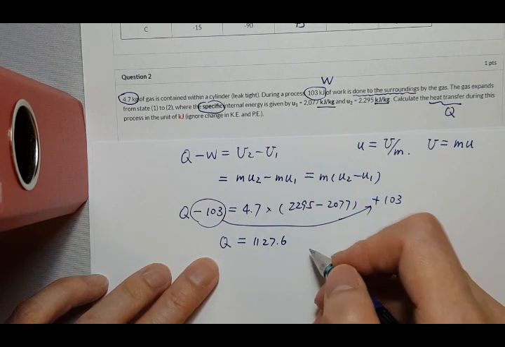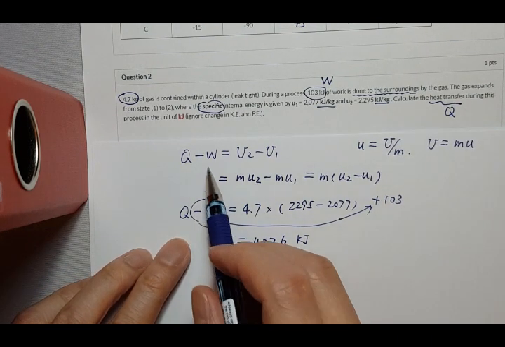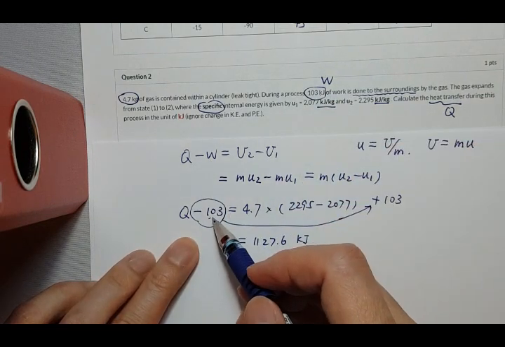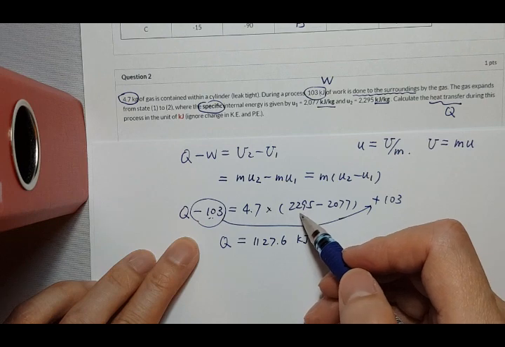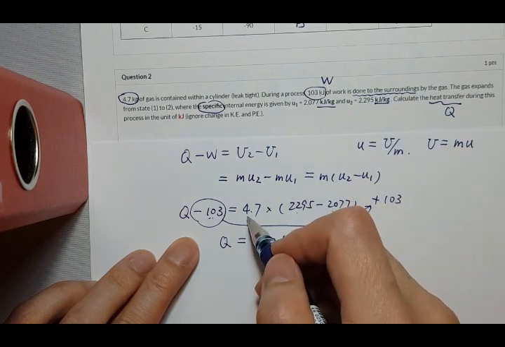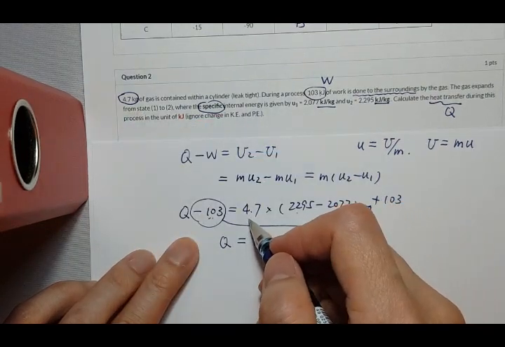Add 103, then you will be able to calculate Q is 1127.6 kilojoule. So finally we can do a unit check as well. So W here is in kilojoule. Okay, and also here these two values are kilojoule per kilogram, but you multiply by a mass which is in kilogram, so you get kilojoule as well.